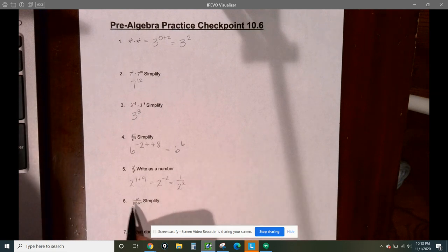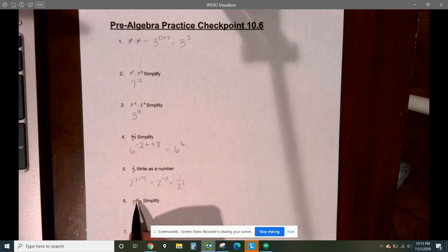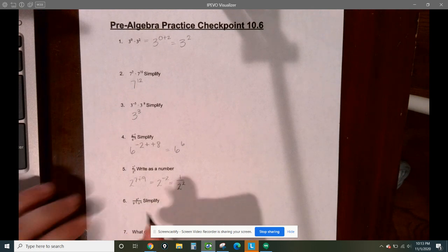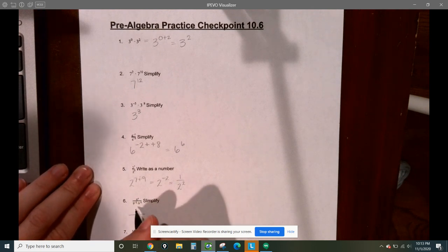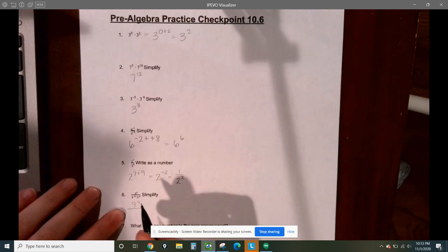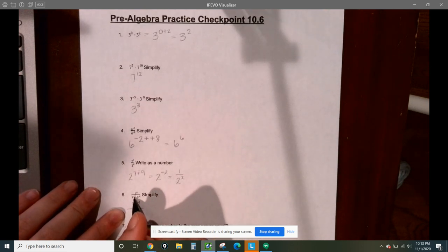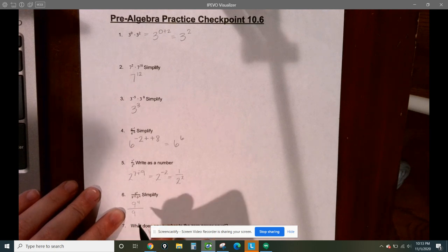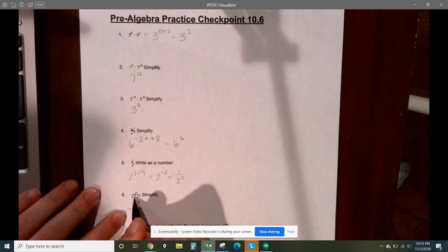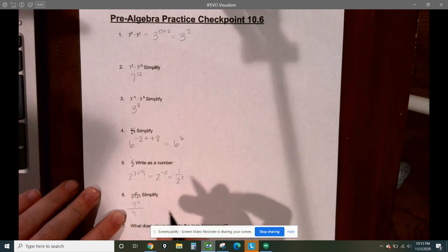Number 6, so we have a couple things going on here. In the denominator, I have two numbers being multiplied together, and then I also have something in the numerator. So let's deal with the denominator first. I'm going to leave the numerator as 9 to the 4th. In the denominator, I have 9 to the negative 2 times 9 to the 8th. So I'm going to keep the base of 9, and I'm going to add these exponents because I'm multiplying two things with the same base.